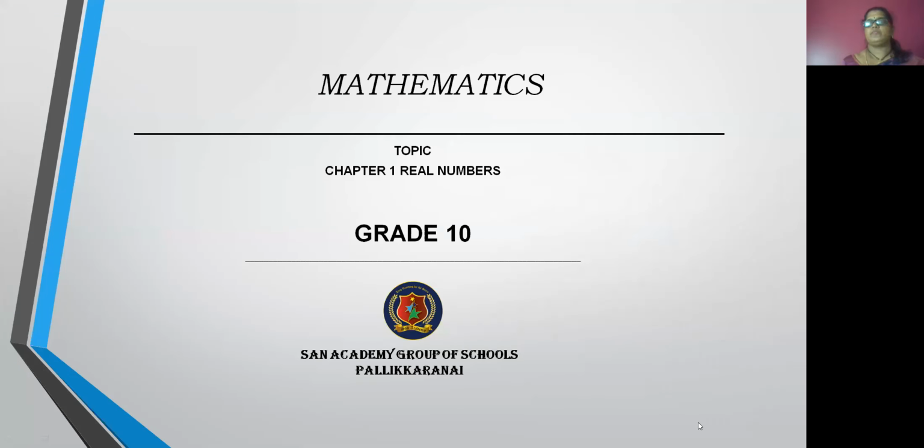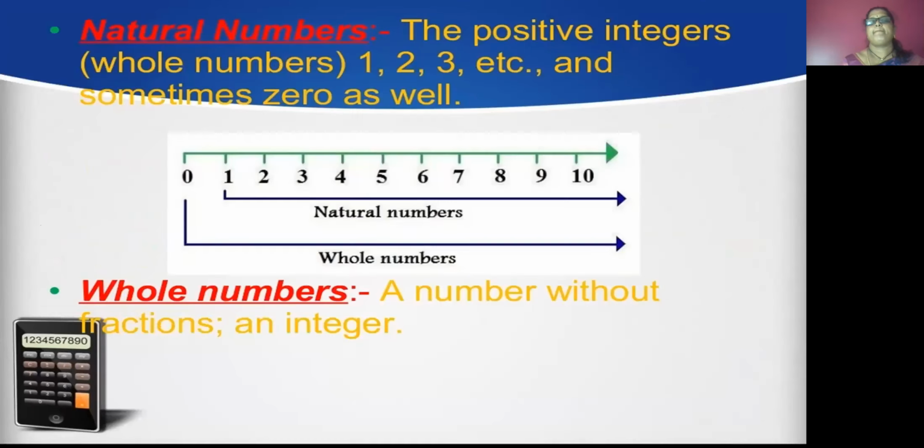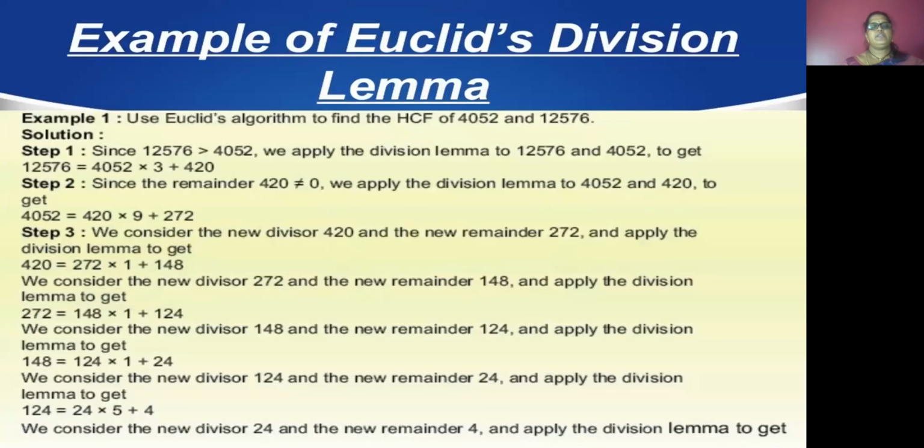Yes. Now you check. 24 is now, what happened? 24 is a dividend and 4 is a divisor.